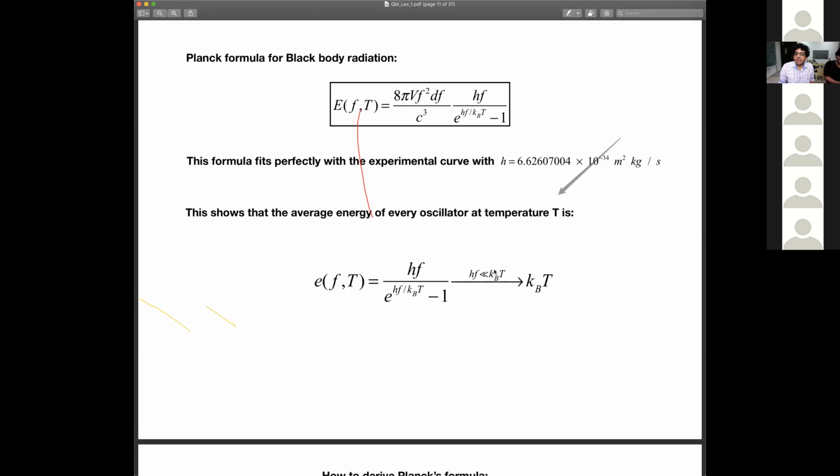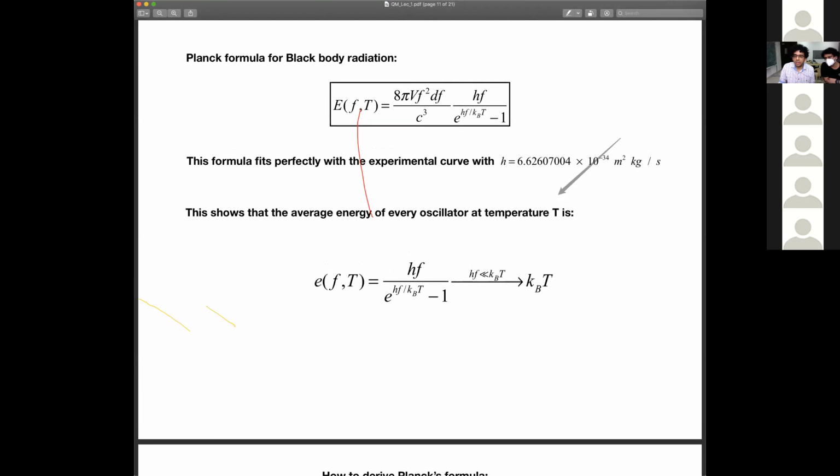If kT is very large, then it is mostly explained by classical physics. But when kT is very small, when hf is very large compared to k times T, then the k times T formula is not valid anymore. So I have to replace this by hf over e to the hf over kT minus 1.